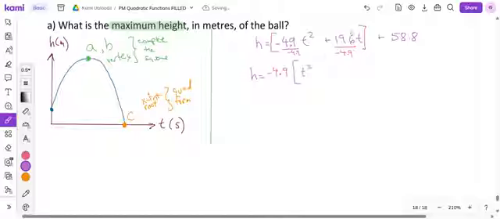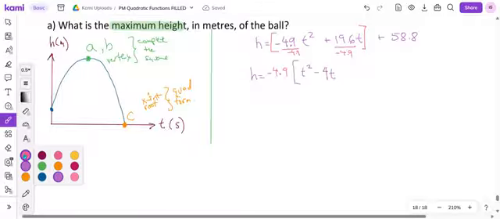I think it's 4. Oh, we are so lucky, folks. 19.6 divided by negative 4.9 is minus 4. That's nice. Let's find that special number.